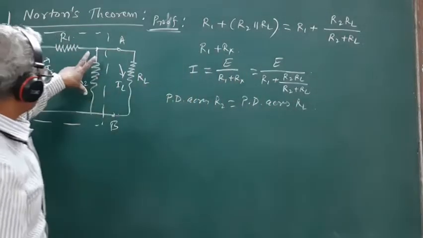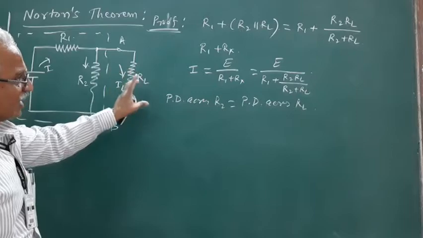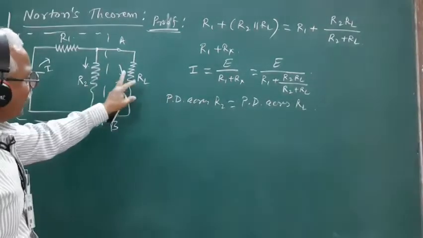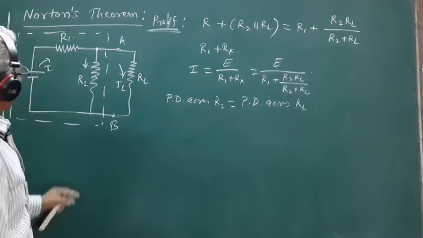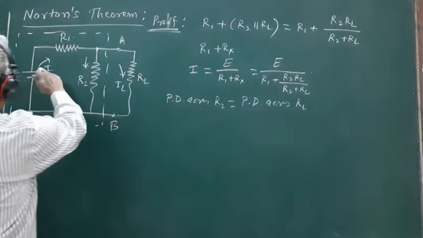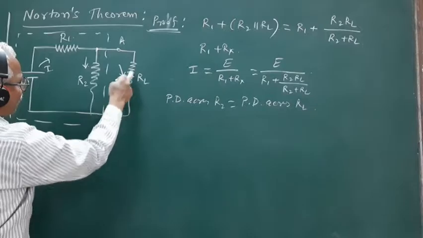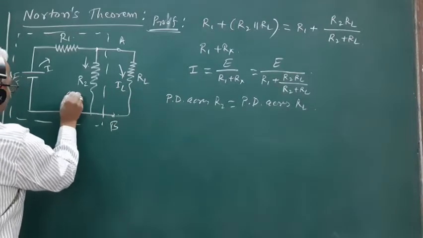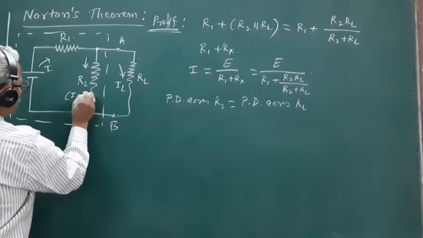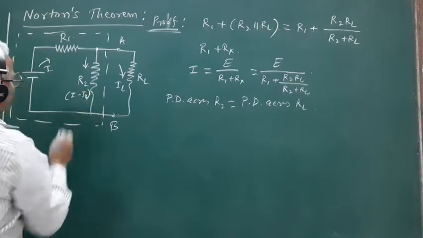Now, if I is the total current drawn from the source, and part IL flows through the load resistance, then the current flowing through R2 will be I minus IL.